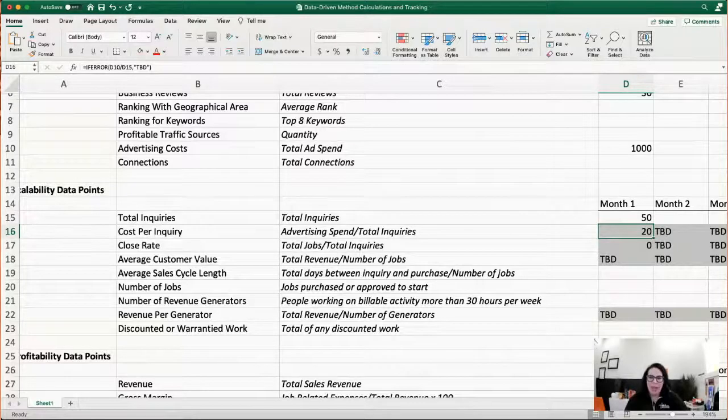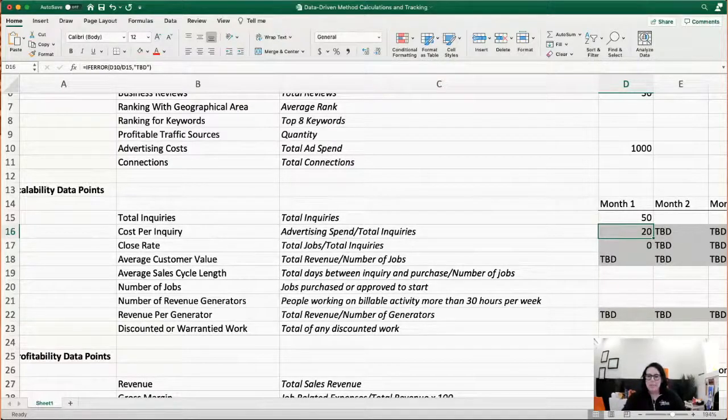When we have our advertising and marketing dialed in, you really are going to be able to reverse engineer and say, I need to invest this much into advertising to get this many calls and this many jobs.